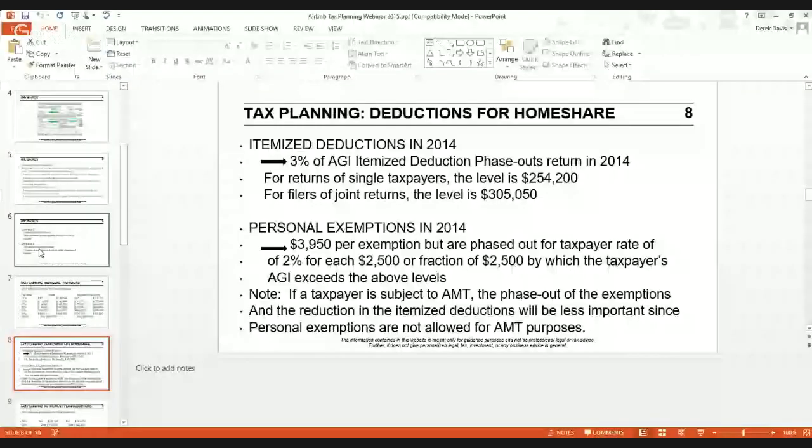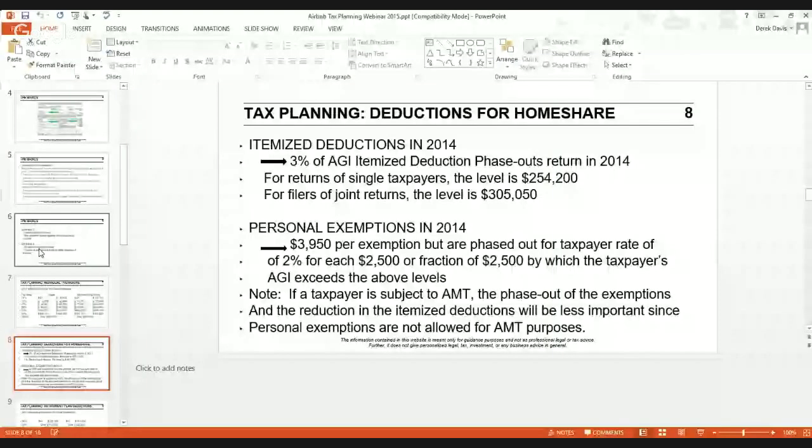If you make above $254,000 for individuals, and then for joint filers, so for example, if you're married, that threshold gets pushed up to $300,000, $305,000 to be exact. And what a phase out means is that a lot of the itemized deductions that you would take, you begin to lose them because you're making too much money.